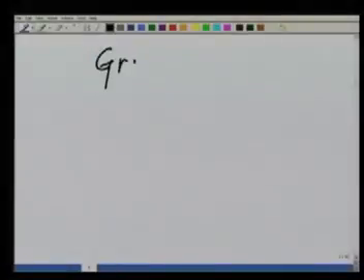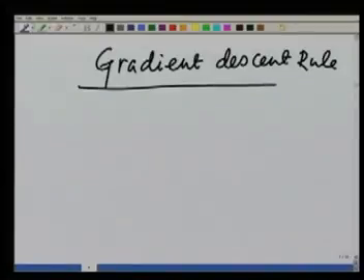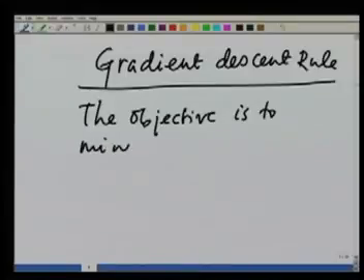This learning rule is derived using the popular gradient descent rule. What is the gradient descent rule? When I try to learn the weights, the objective is always to minimize a cost function.